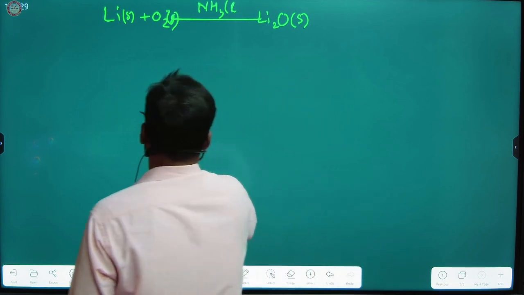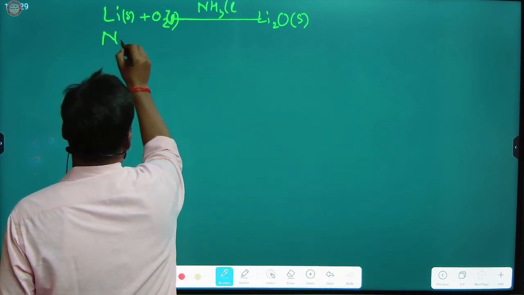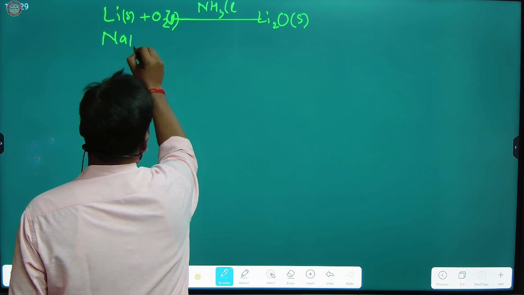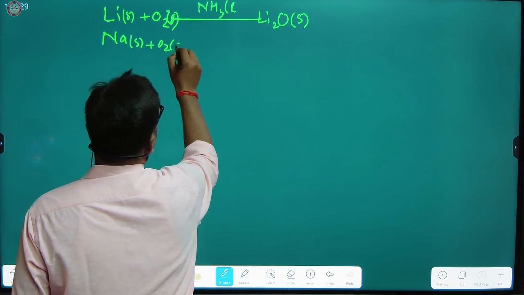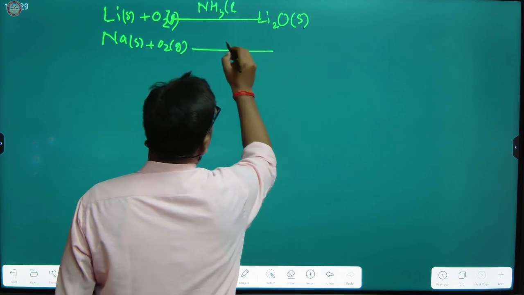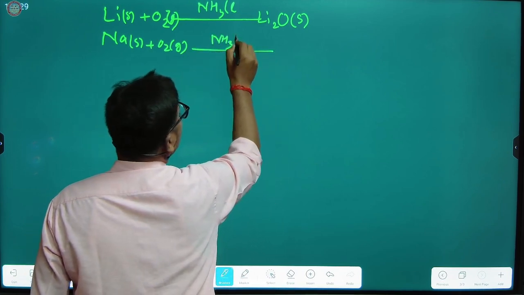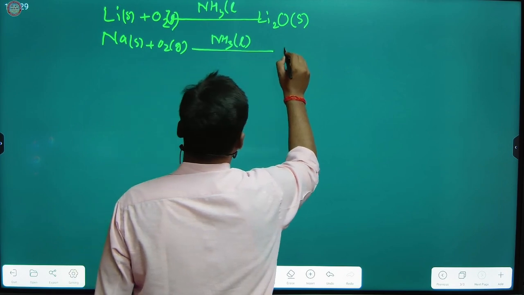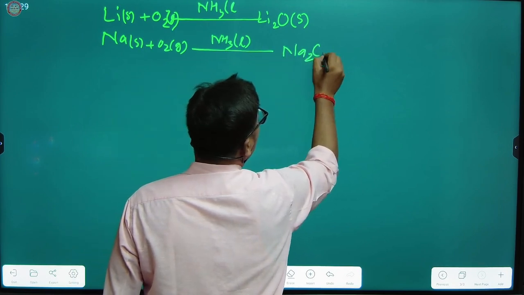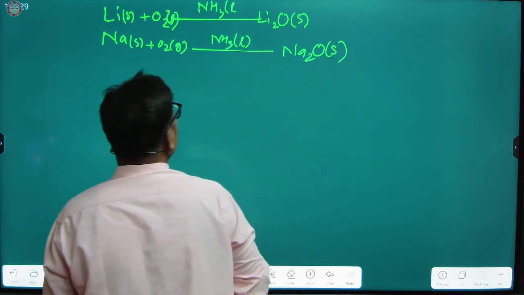And similar to sodium, sodium in solid state reacts with oxygen in presence of liquid ammonia. They form Na2O in the solid state, right?